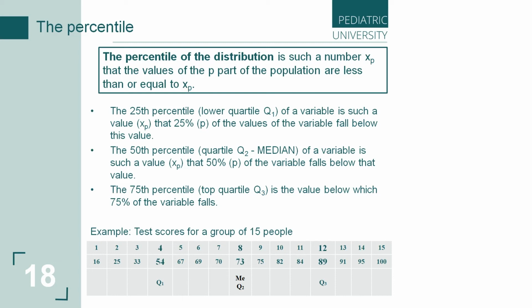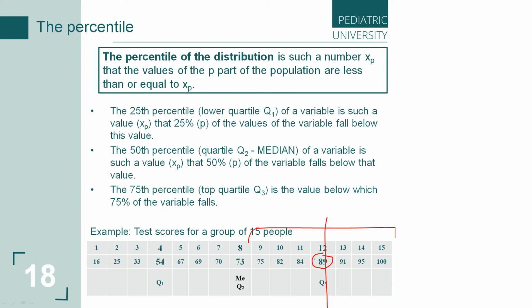And the top quartile Q3. We divide the top half into two parts, and it turns out that the top quartile is 89 points. What does it mean?